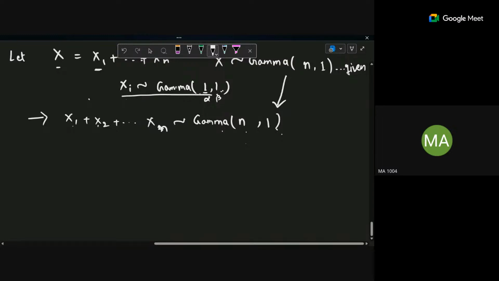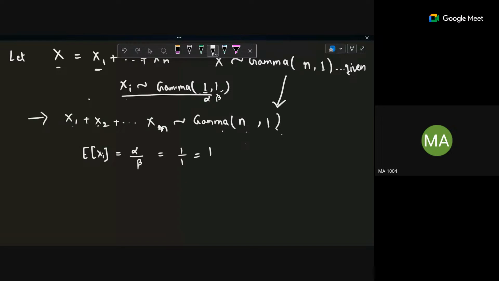So now you can calculate the mean of xi's and variance of xi's, right? What will be the mean of xi's? It will be alpha by beta, so that is 1 by 1, that is equal to 1.